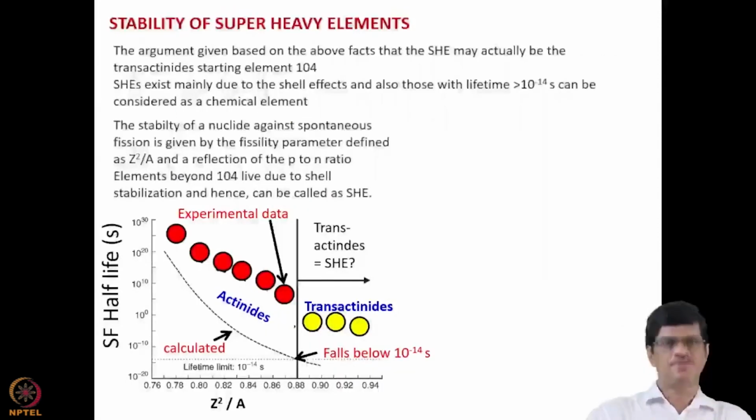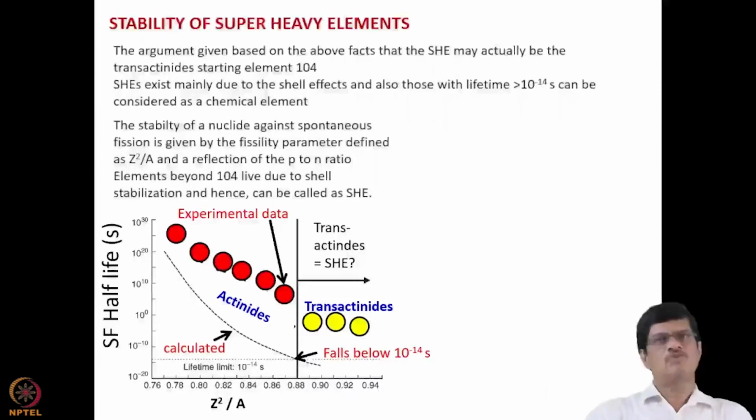If this is the case, then based on the neutron number, we can say that element number 104 may be giving a very stable radionuclide. That means the super heavy elements with the island of stability may start somewhere around even element number 104.